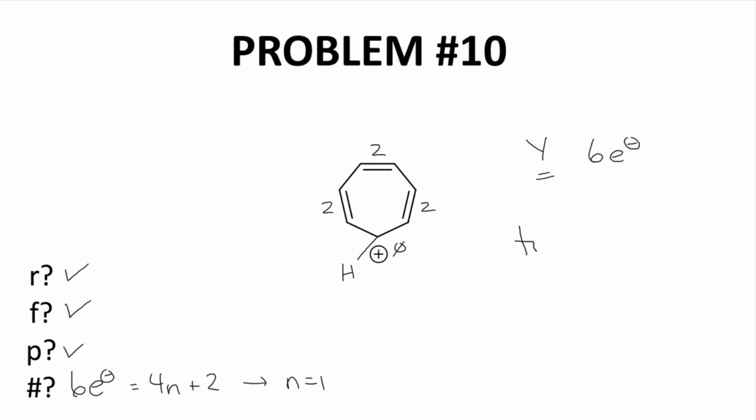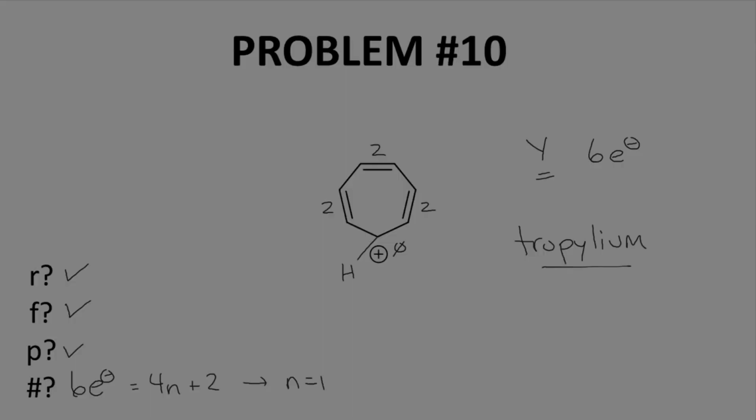This is called a tropylium ion. And why is tropylium such a special carbocation? Well, it's special because it's especially stable. And why is it especially stable? Well, it's because it is indeed aromatic, and it has a longer lifetime than most carbocations you would see in a typical reaction. So that is our last question.